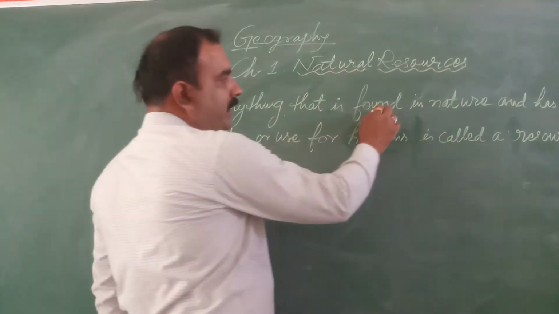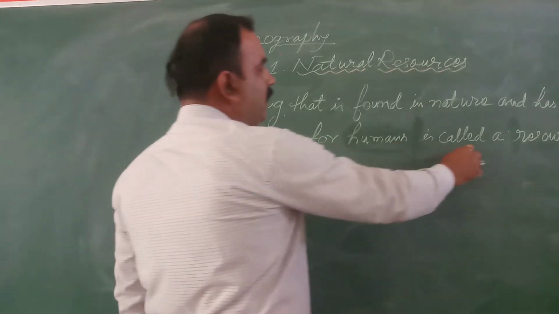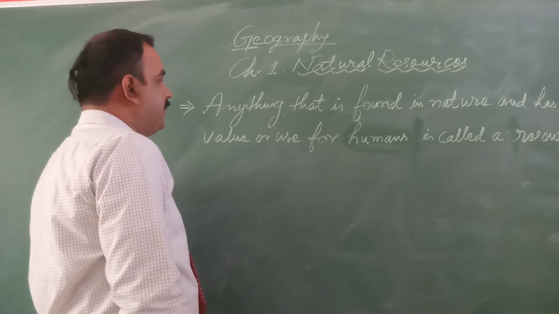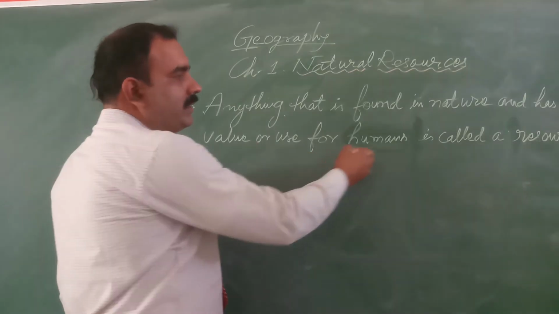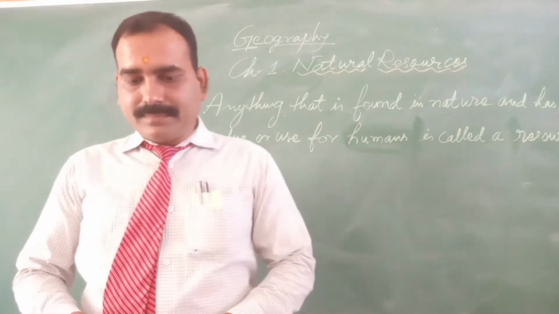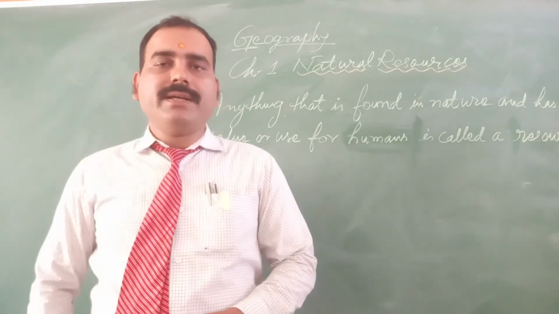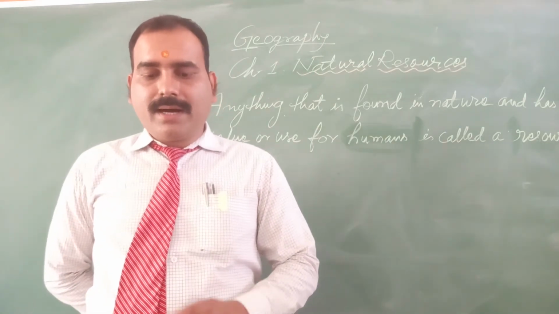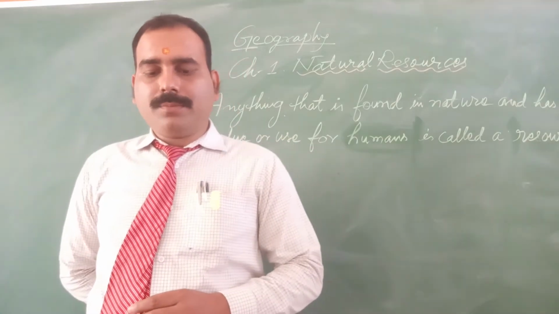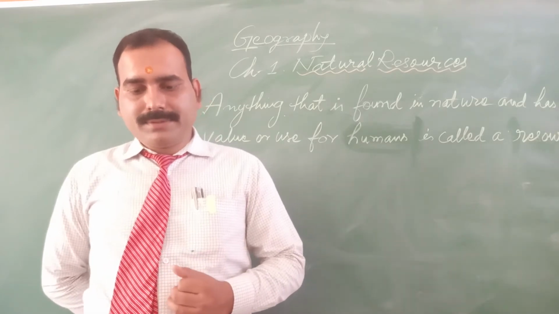Anything that is found in nature and has some value or use for humans is called a resource. Or you can say that anything that is useful to humans is called a resource. Whatever we use becomes a resource only when its properties are recognized. Some resources also become economically valuable with the span of time.